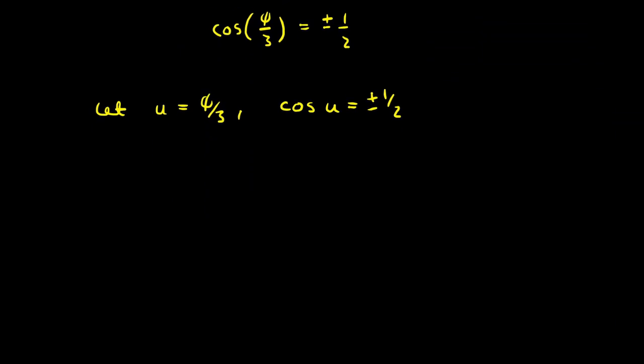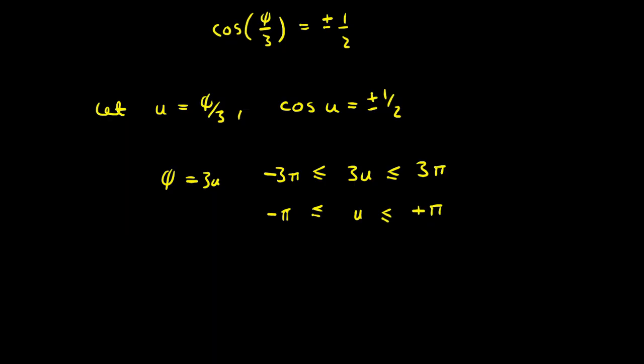Well, if u is equal to phi divided by 3, we could say that phi is equal to 3u, right? So our boundaries that we're considering between minus 3 pi and plus 3 pi, we can change these so that we're looking for solutions for u, which are between minus pi and plus pi.